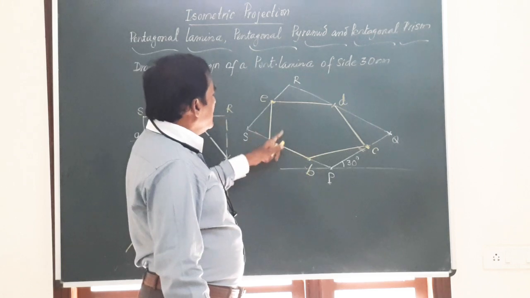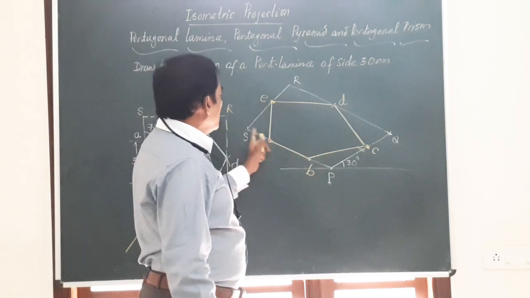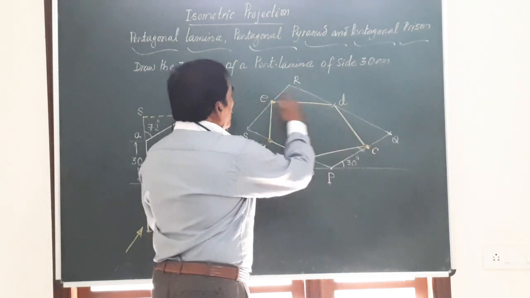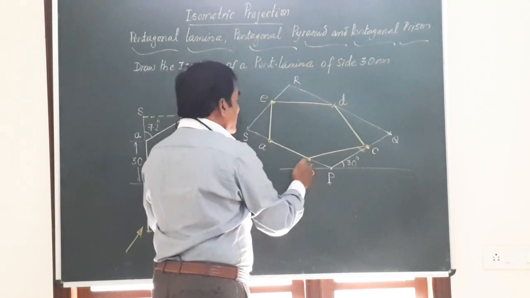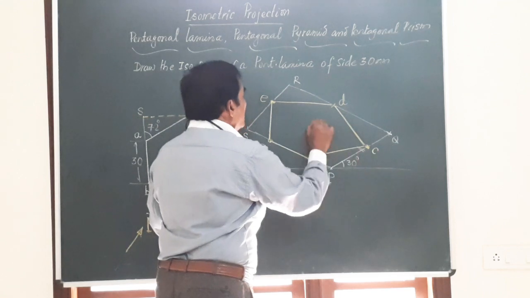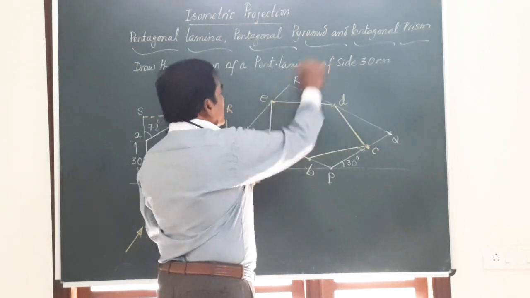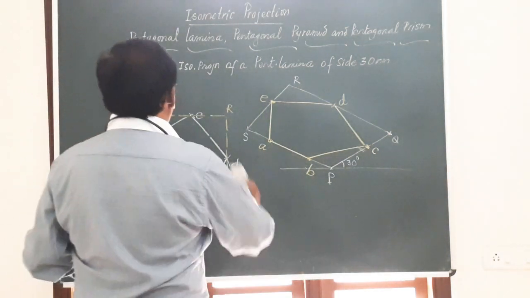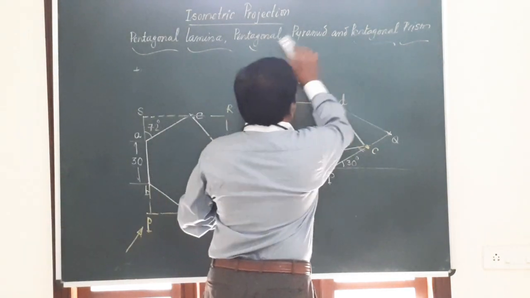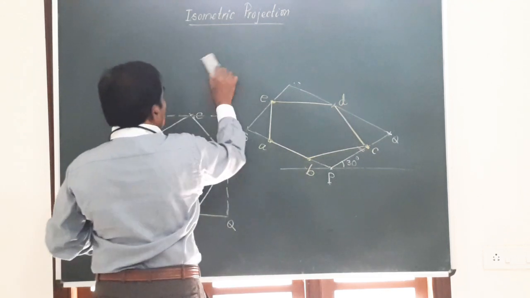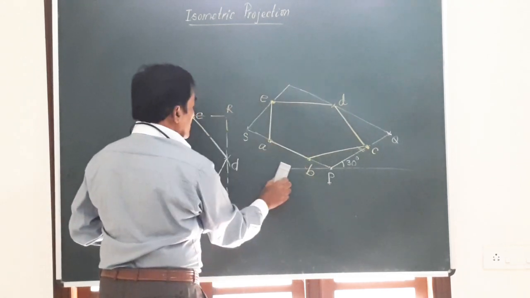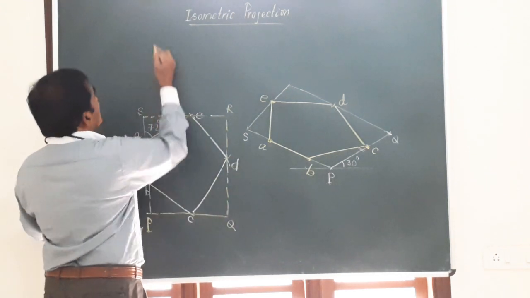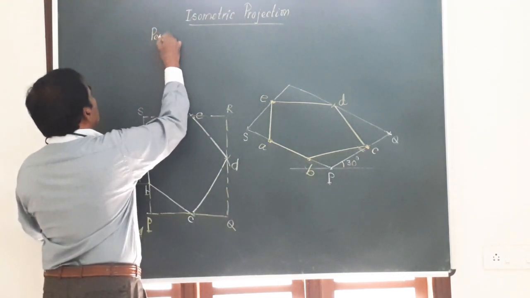We can utilize the same data, locate the center of this. From the center of this box PQRS, write a vertical line perpendicular to this reference line, mark the ISO height and join all these corners. So the second one is, I am going to construct the isometric projection of a pentagonal pyramid.